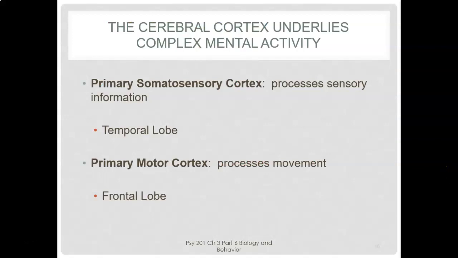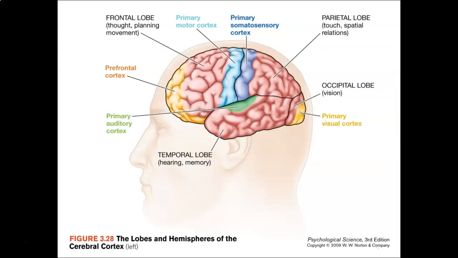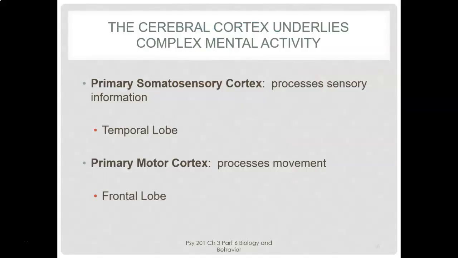So we have what's called the primary somatosensory cortex, which processes sensory information. Now this should say parietal lobe. Please correct this. Sorry about that. Replace temporal lobe with parietal lobe. So the primary somatosensory cortex processes sensory information.